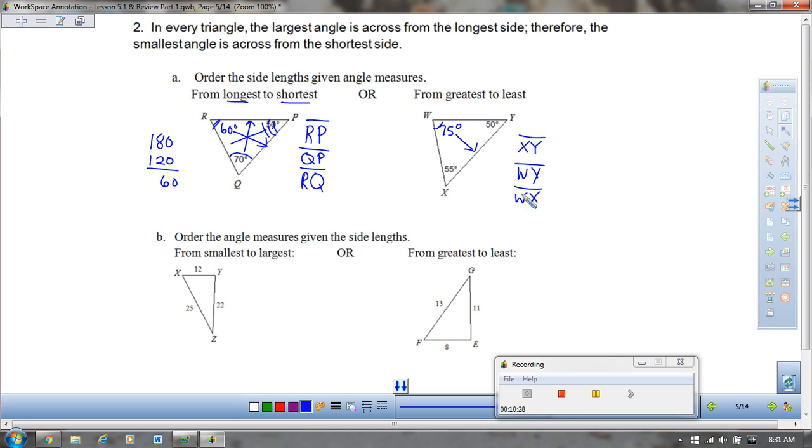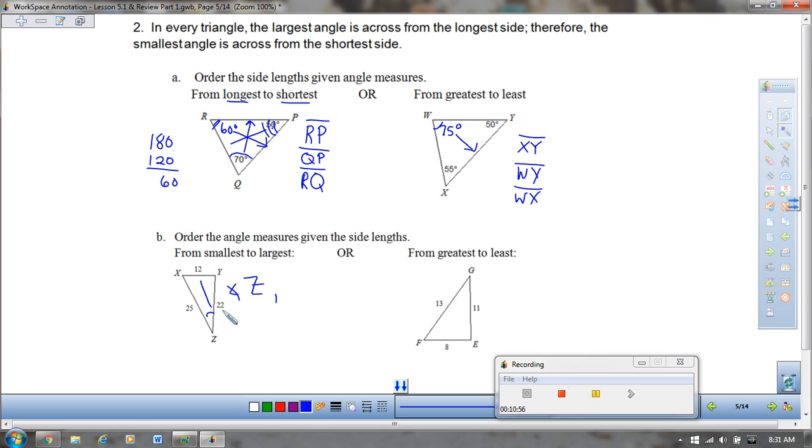Of course, these questions could be reversed, where you have to write down from the shortest to the longest or the least to the greatest. You have to pay attention to what the instructions tell you. In Part B, it says to order the angle measures given the side lengths from the smallest to largest. So if I look here, my smallest side is 12, so that means it's directly across from angle Z. Angle Z is my smallest angle.